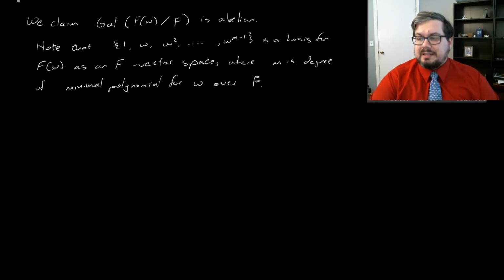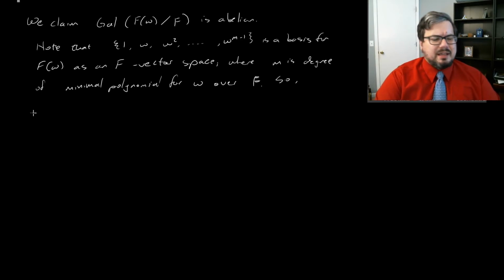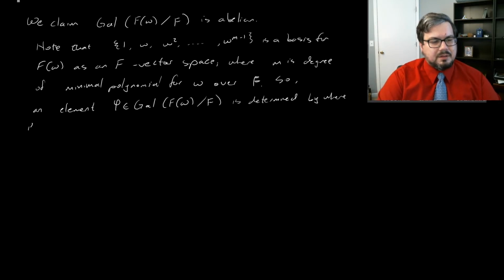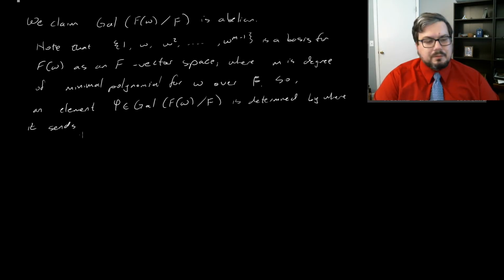So this means that an element phi inside the Galois group of F(omega) over F is determined entirely by where it sends omega, i.e. by phi of omega.